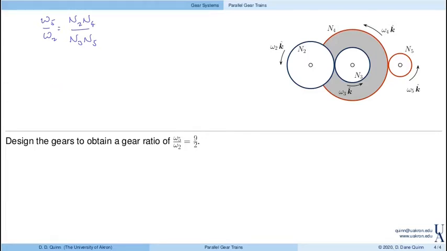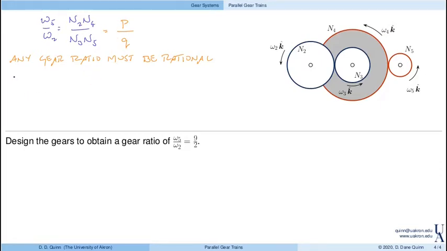So again, any gear ratio must be rational. So here, I can write it as an integer p divided by an integer q.